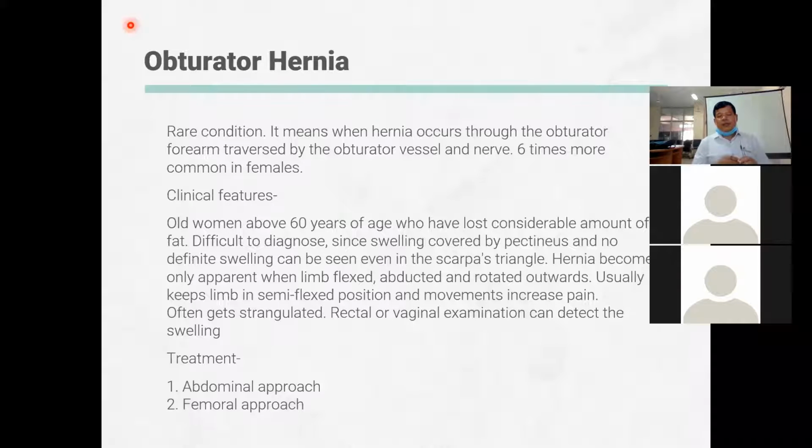Now, usually a full length or a loop of bowel rarely enters through this foramen. Only a part of the circumference of the bowel may enter. That is what we have discussed already, which is called Richter's hernia. So obturator hernia many times comes as a Richter's hernia without complete obstruction, but there may be features of strangulation.